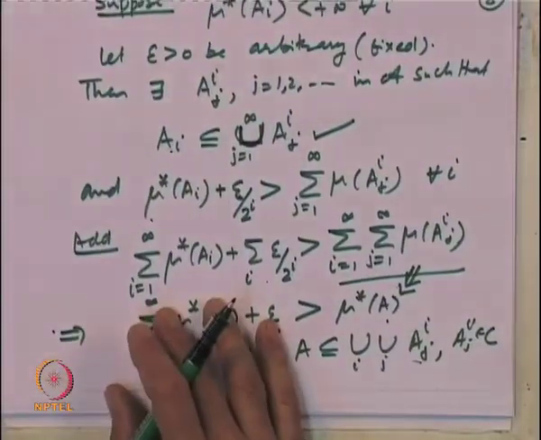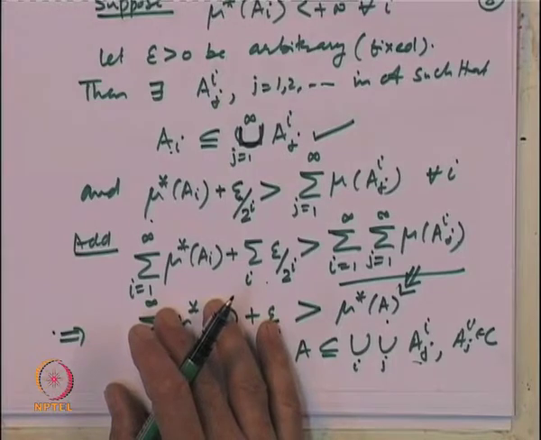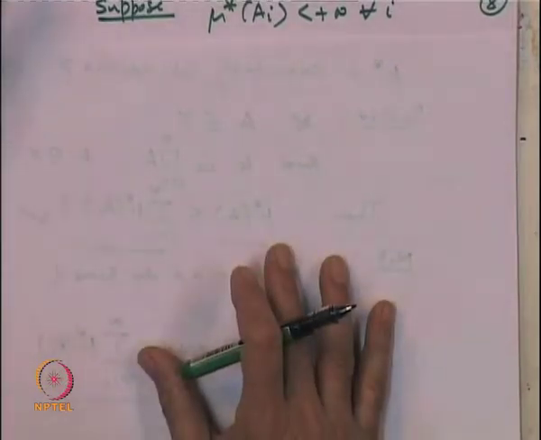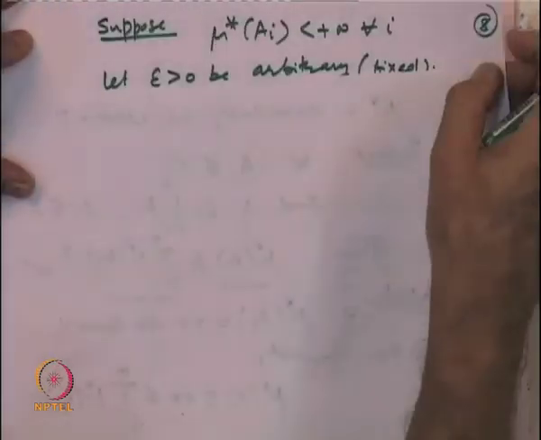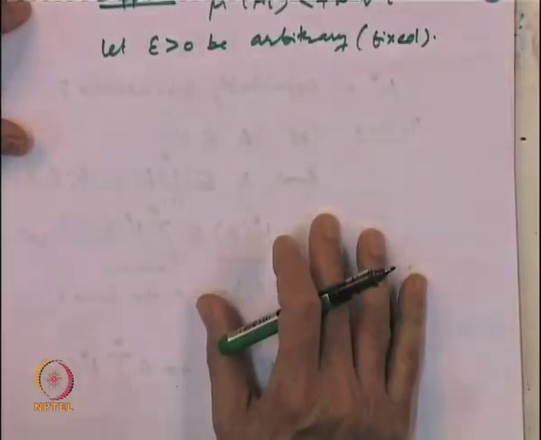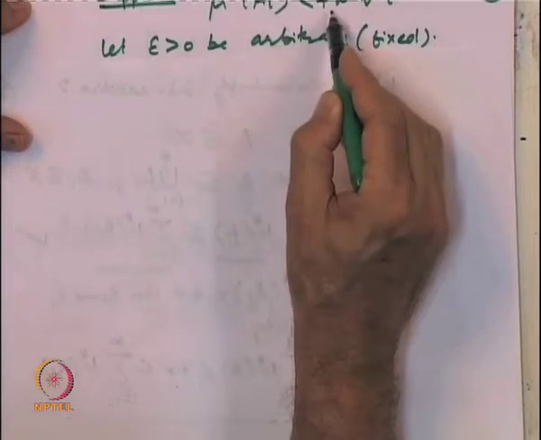So, what is the other possibility? The other is that mu star of A_i is finite for every i. Now, here is the main part of the construction that we are going to use, namely that an infimum is a real number.